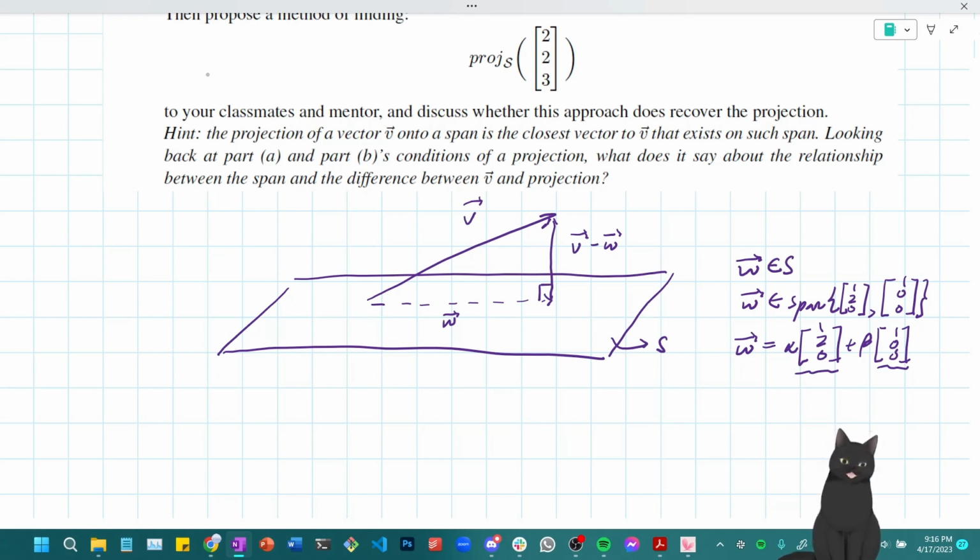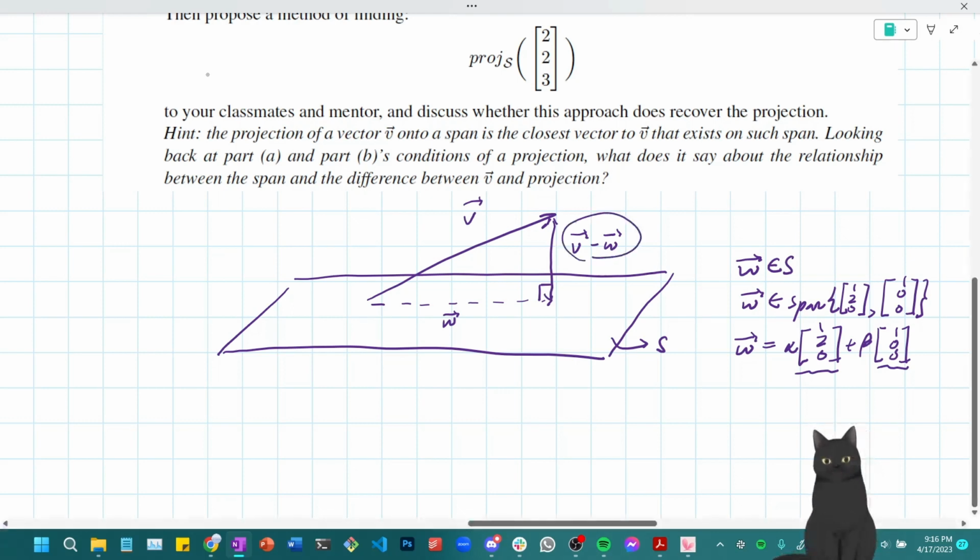So the TLDR of the previous few seconds of rambling is that the difference between the vector and its projection must be perpendicular, or orthogonal, to this S that we're projecting onto.